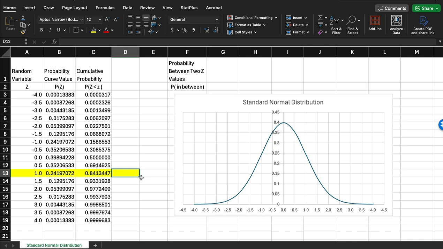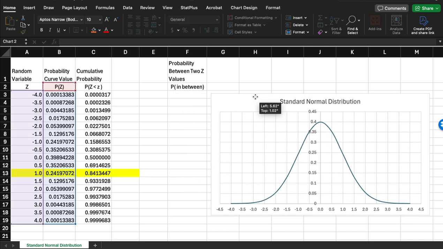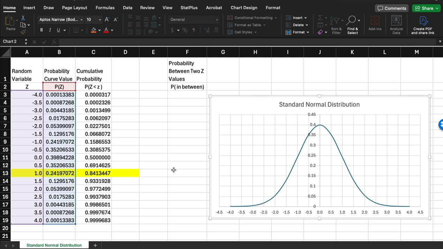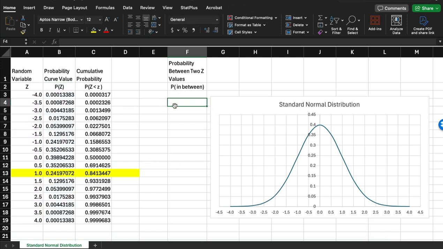If we wanted to know, for example, what the probability is in between two z values, we would just calculate them up here using a standard calculation that's basically norm.dist of the right value minus norm.dist of the left value.